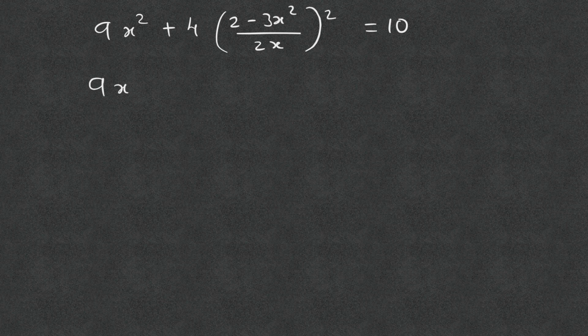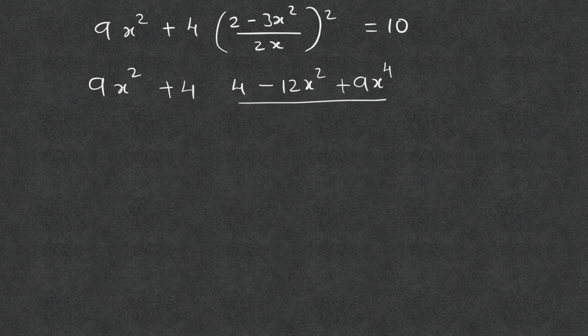And so we'll write 9x squared plus 4 times, we'll expand the squared term. This becomes 4 minus 12x squared plus 9x to the 4 in the numerator, and the denominator will be 4x squared, equals 10. Cancel out 4 and 4.